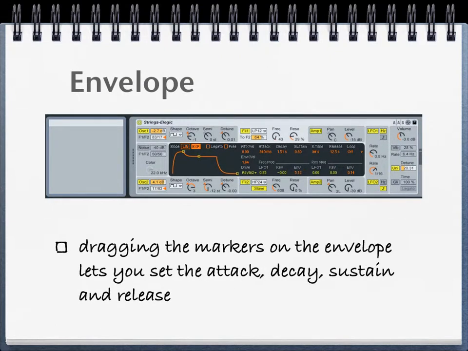The envelope has markers on it, and if you drag the markers, you can change the attack, sustain, decay, and the release. And these envelopes are used to control parameters in the filter and in the amplifier.